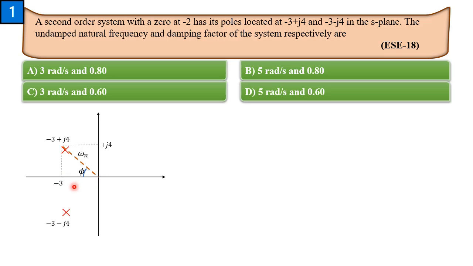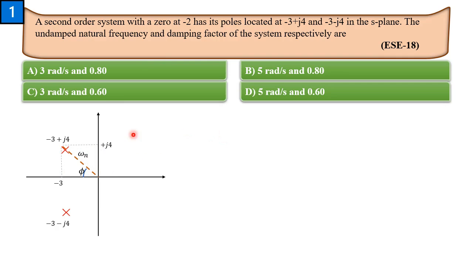So now let's see how we are going to represent this. Okay, -3, this is 3 units and this is 4 units, so this will be -3 plus j4 and below will be -3 minus j4. Okay, so this is angle phi, and as we have calculated earlier, this hypotenuse of this triangle gives us omega n, that is the undamped natural frequency, as we have derived earlier.